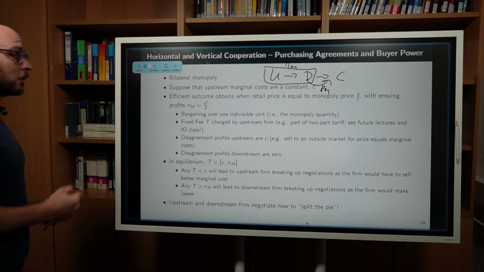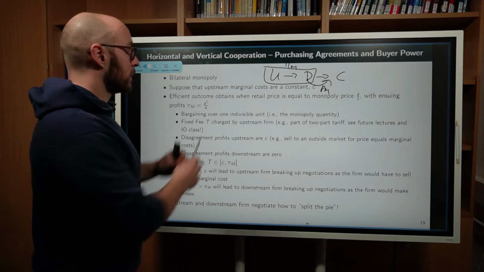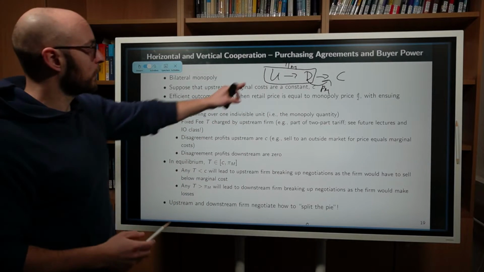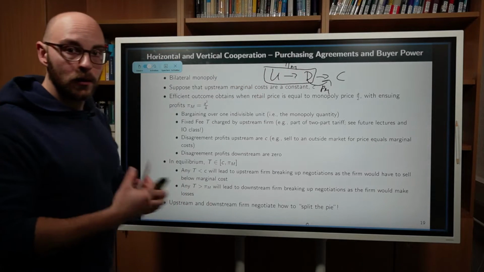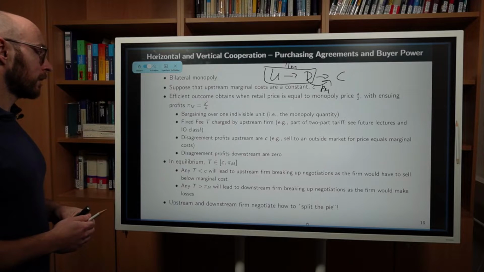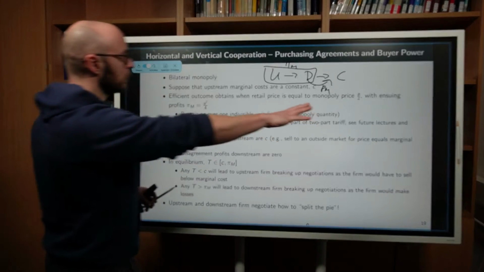And if we have this to be the maximum attainable profit, then the thing that we have here is how do we determine which of the two parties become what fraction of this monopoly profits. So what they basically do is they bargain over one indivisible unit.